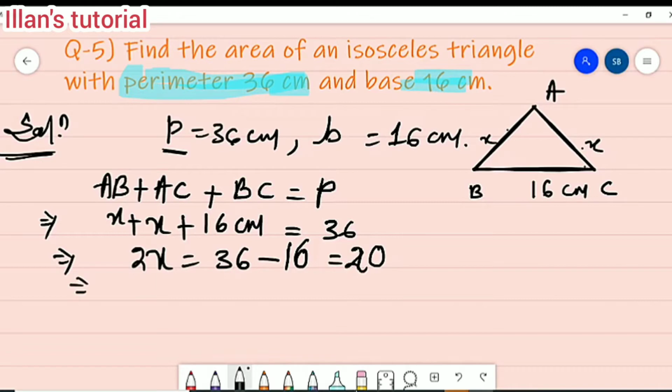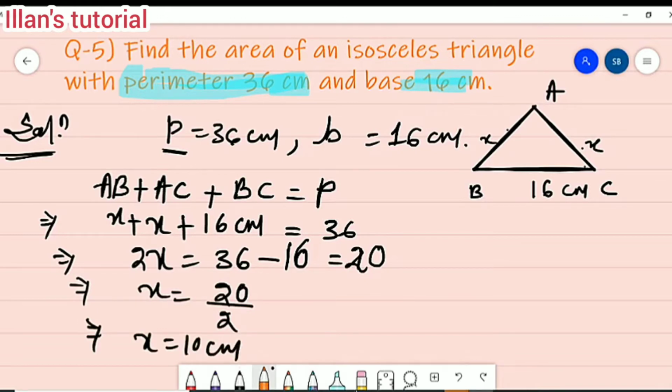So now x equals 20 upon 2, which is equal to 10 centimeter. That means the equal sides are 10. So these sides are 10 centimeter.